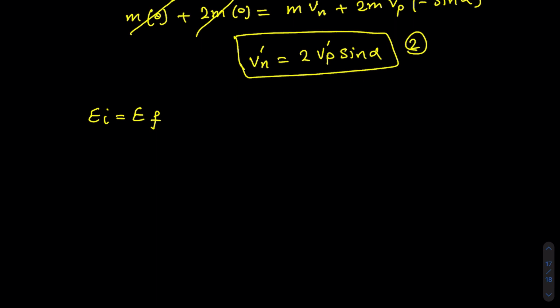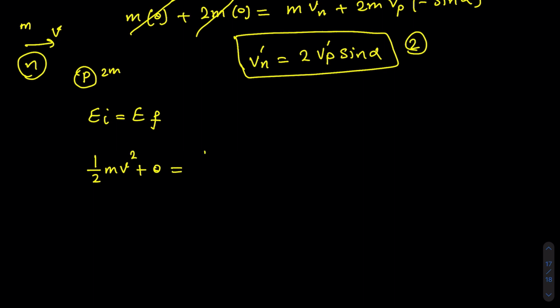Before collision, we have got the nucleus, which was moving, and P, which was at rest. Nucleus has mass m, particle has mass 2m. Therefore it will be a half of m v squared, where the velocity was v, plus 0, since the velocity of the second particle was 0 because it was at rest.